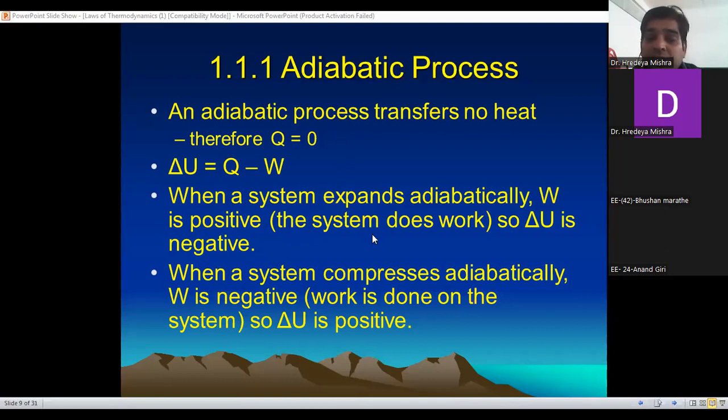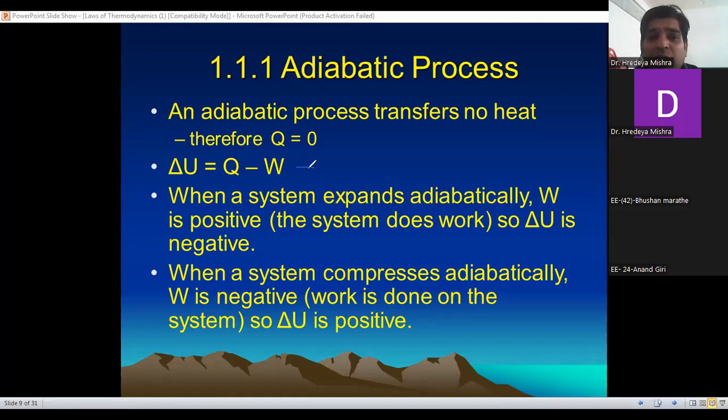Okay, when a system expands adiabatically, W is positive. Then the system does work, so the change in internal energy, delta U, is negative.